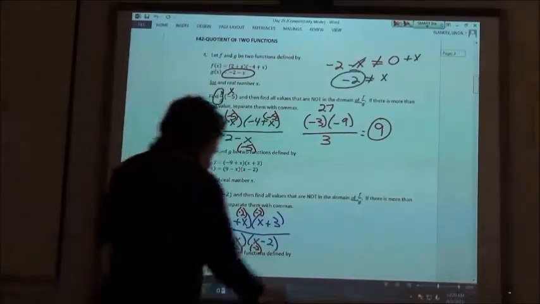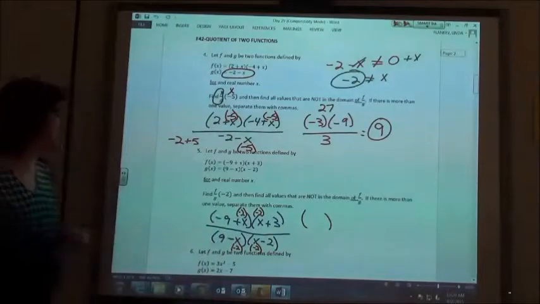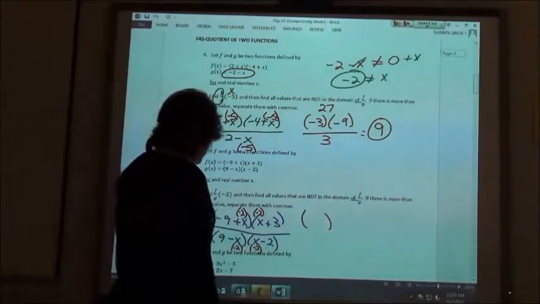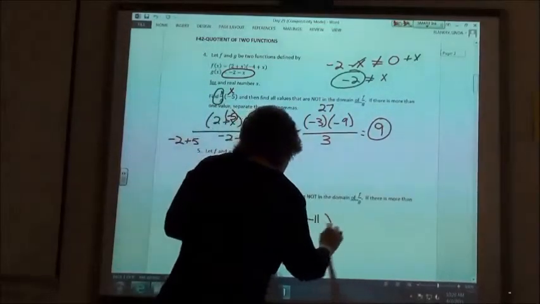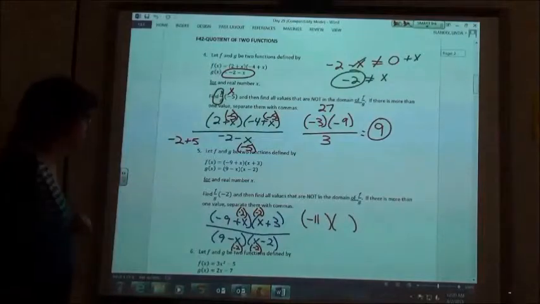So, starting on the top, negative 9 plus a negative 2 is negative 11. The next set of parentheses, negative 2 plus 3 is 1.